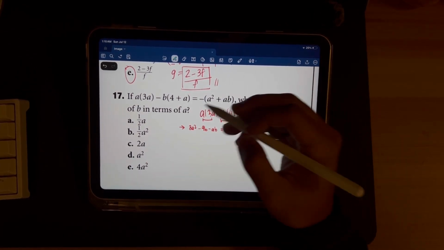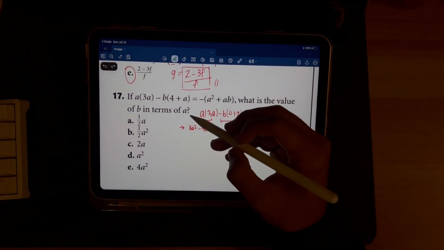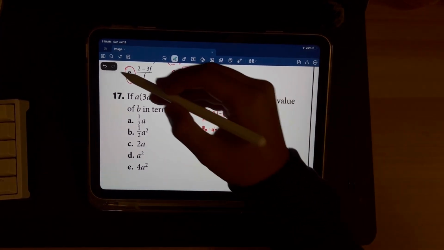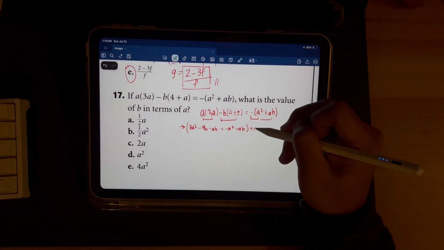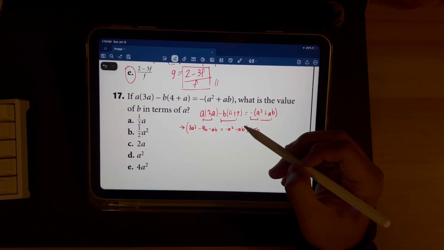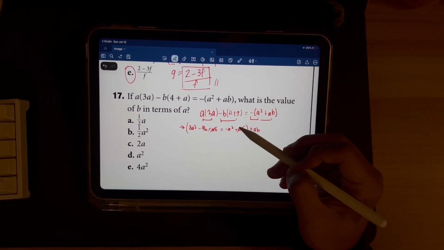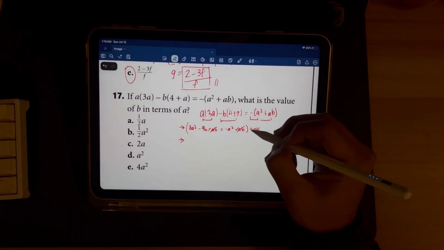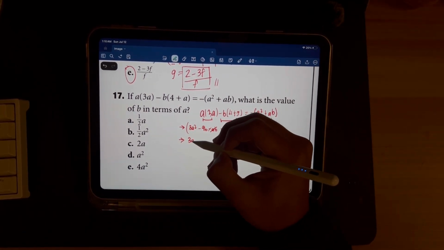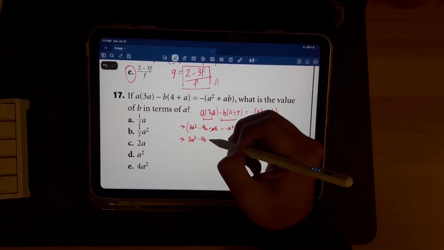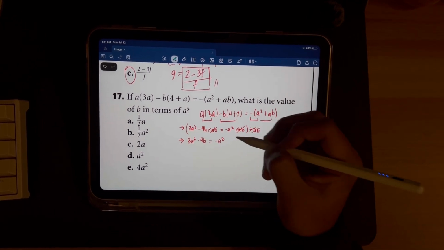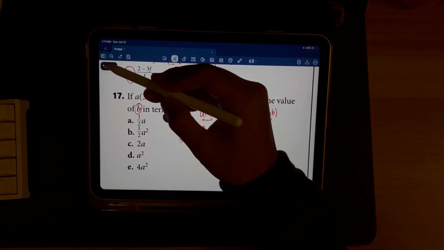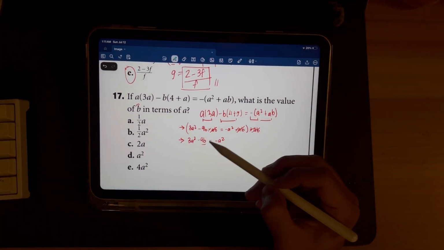Now, in order to simplify this, we are just going to add ab both sides, and we are going to cancel ab and negative ab on both sides. We are left with 3a squared minus 4b is equal to negative a squared. Now, since we are asked to find the value of b, we should isolate b here.